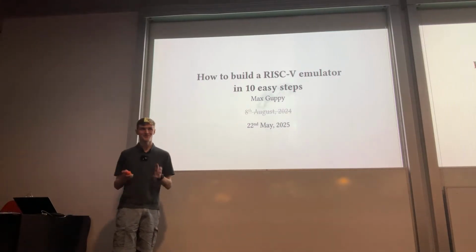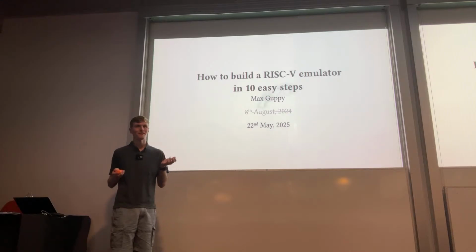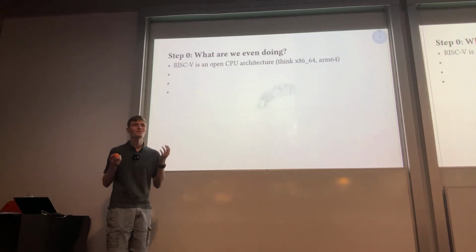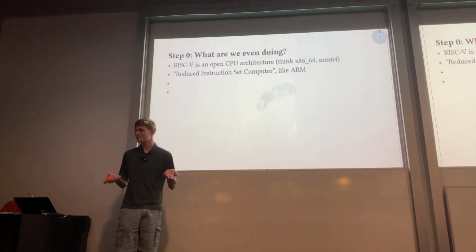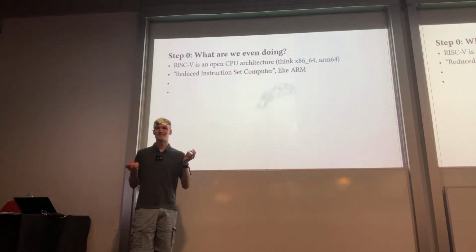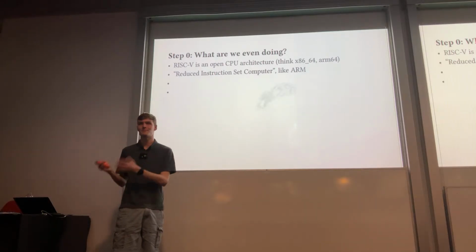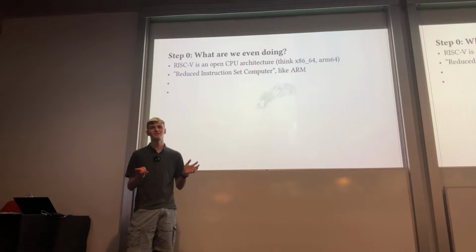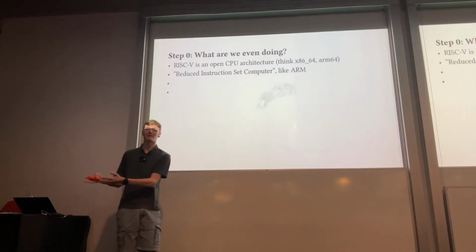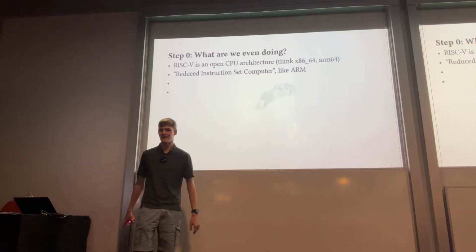So, first of all, if we're trying to make a RISC-V emulator, we've got to figure out what we're even doing. RISC-V is a CPU architecture. A CPU architecture is just a set of instructions for how a CPU interprets bytes. My laptop runs on the x86-64 architecture. I see some of you in the audience have MacBooks.